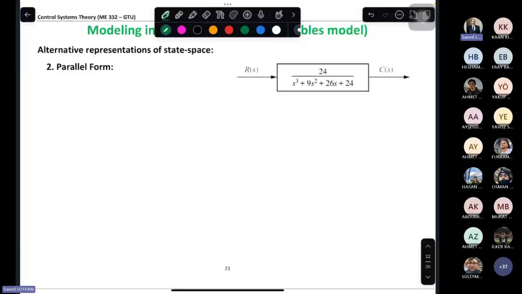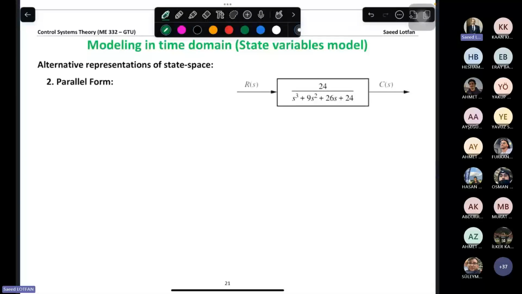In the second representation, we have parallel form. We want to show the system as parallel. How do we do that?